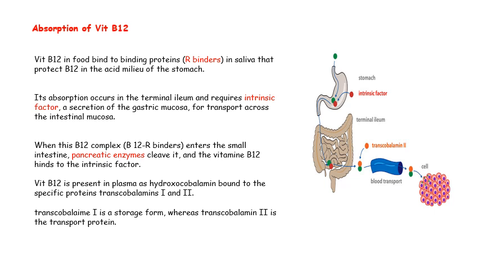When this B12 complex, which includes B12 in addition to the R binders, enters the small intestine, pancreatic enzymes cleave it, and the vitamin B12 binds to the intrinsic factor. Vitamin B12 is present in the plasma as hydroxycobalamin bound to the specific protein transcobalamin 1 or 2. Transcobalamin 1 is the storage form, while transcobalamin 2 is the transport protein.